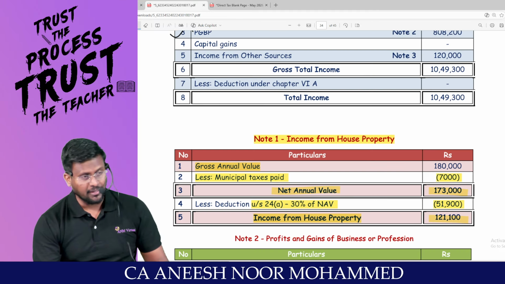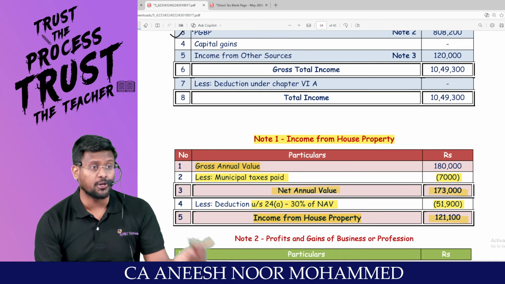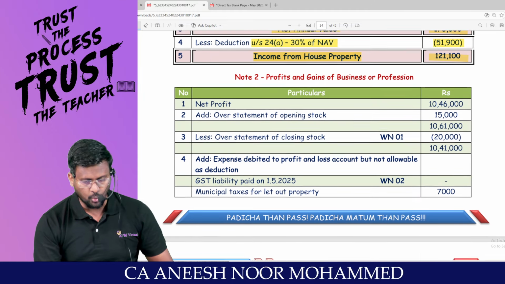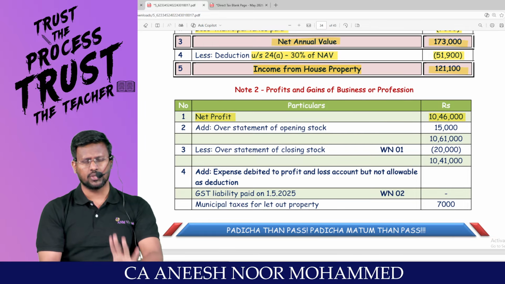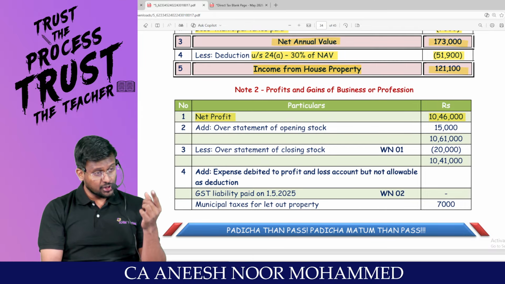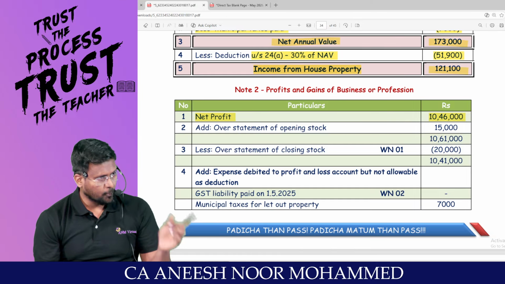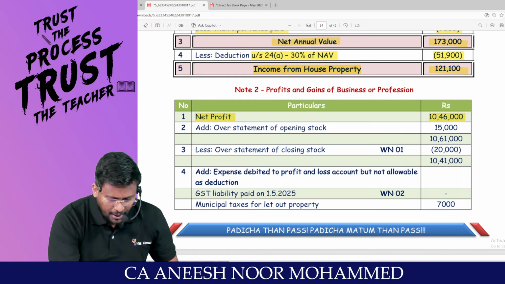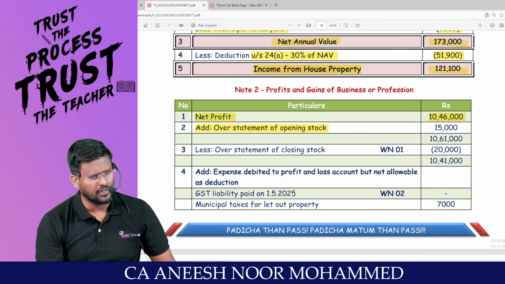Coming to PGBP, the real hero. Sir, how are you going to calculate the PGBP? Normal route or presumptive taxation route? Normal route, right? So what is the net profit? Net profit is 10,46,000. That net profit contains impurity. You tell me, is stock overvalued or undervalued? Overvalued. Because of overvaluation of opening stock, what will be the impact on profit?